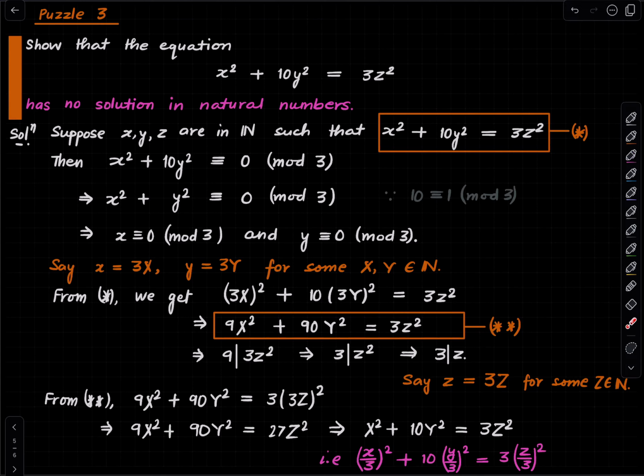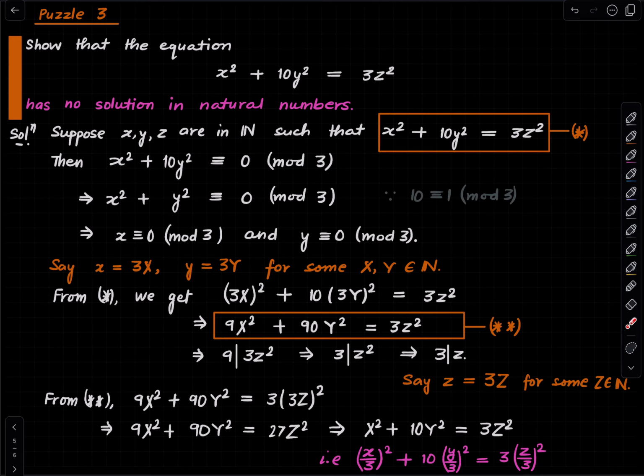We have the same equation, because what is capital X? Capital X is small x by 3. And similarly for capital Y and capital Z. So we have the same equation but with smaller participants. And again, let me remind you that these are also natural numbers. X by 3, Y by 3 and Z by 3 are natural numbers.